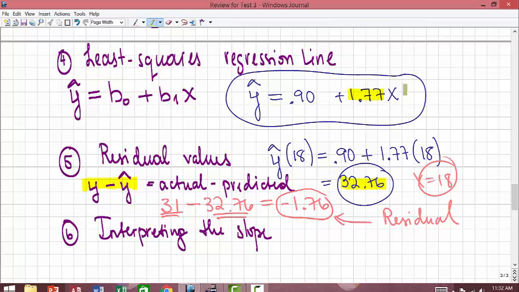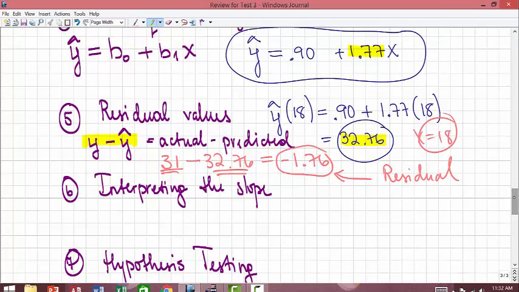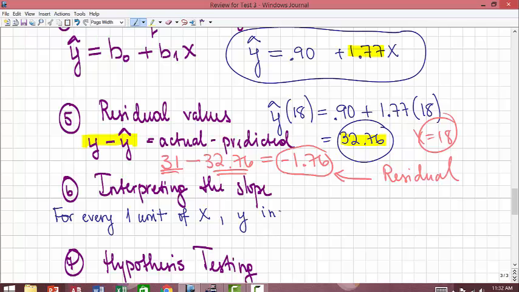So your slope is the number that's attached to x. So in this case, it's 1.77. What am I asking you to do here? Write a sentence like this. For every 1 unit of X. So if it's price, we say for every $1 in price of product A, Y increases by how much?